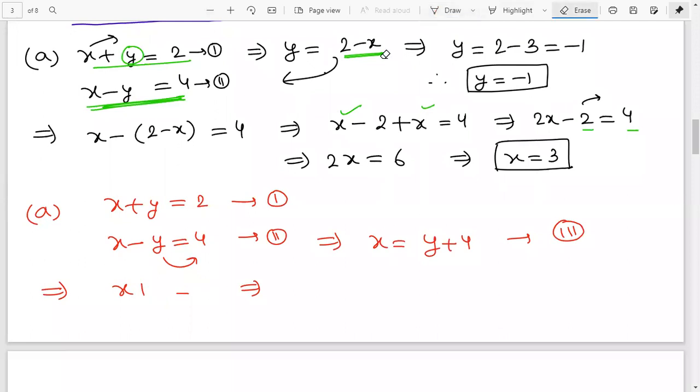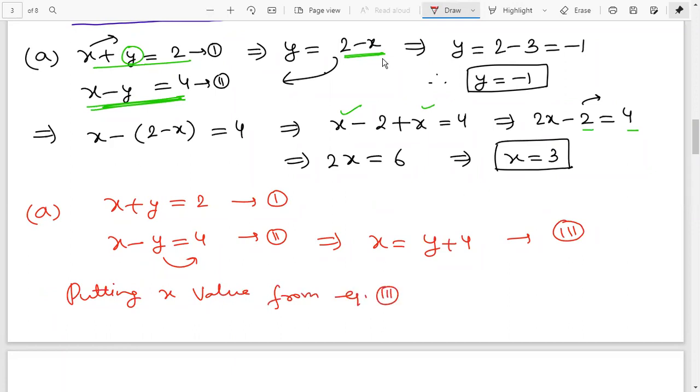And the step we write is: putting x value, that is x equal to y plus 4, from equation 3 in equation 1, we get.